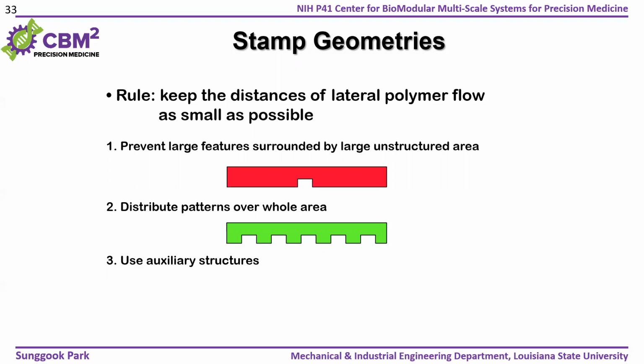So the polymer can travel only a small distance. So normally you want that kind of structure over this one to have fast molding. If this is your desired structure to produce, you can add some auxiliary structures to enhance the filling of your molding.